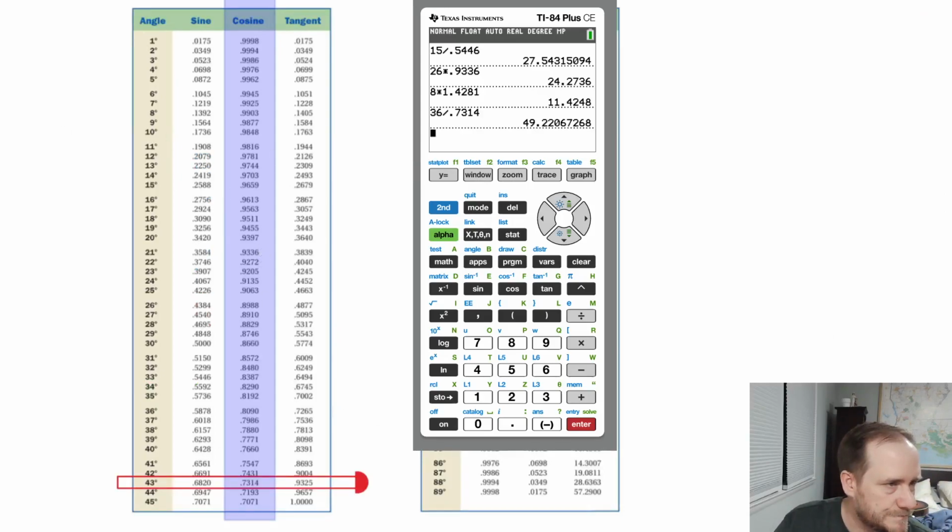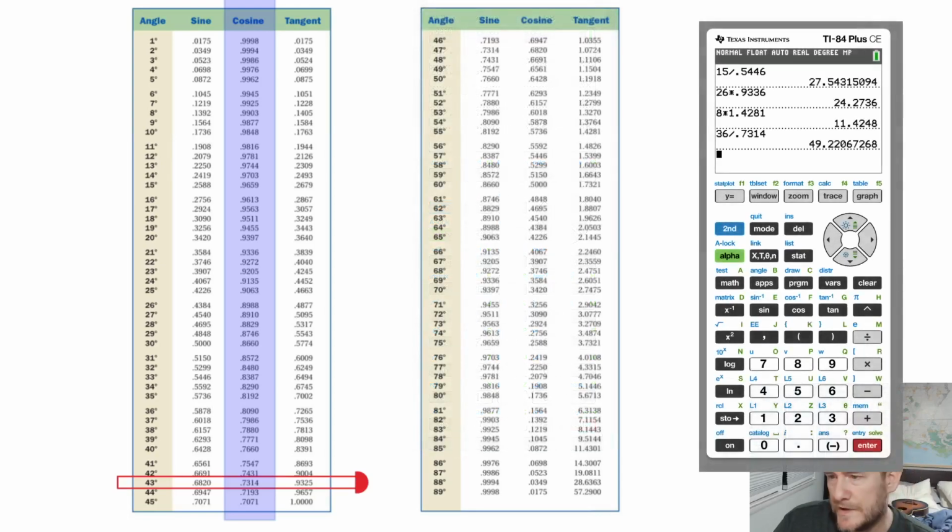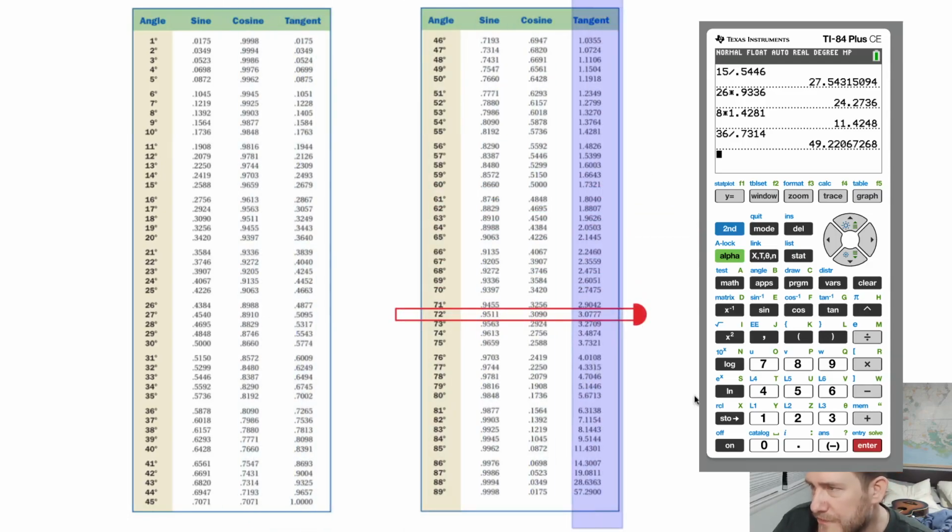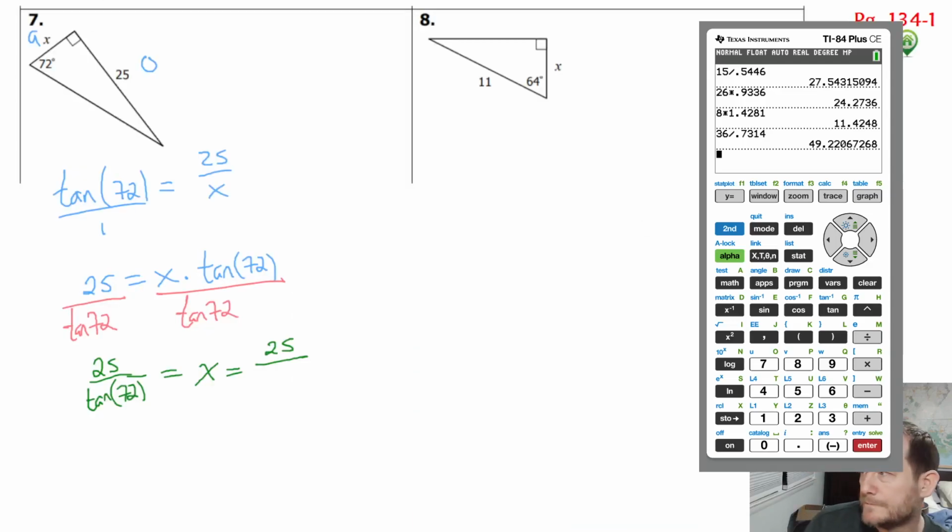Calculator is in the way big time. Move that over. All right, 72 of course is right here, and the tangent is 3.0777. And so obviously dividing 25 by 3 is going to make this actually get smaller.